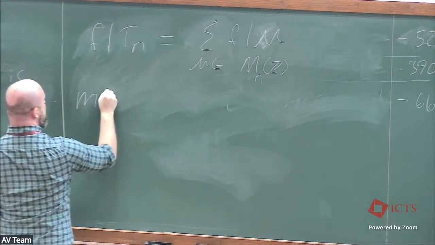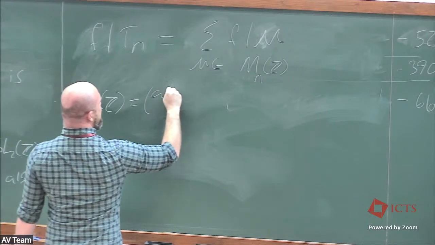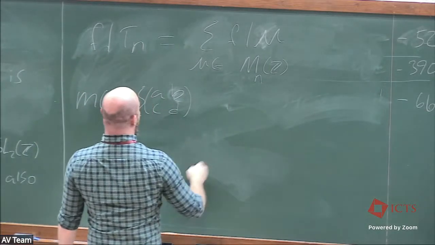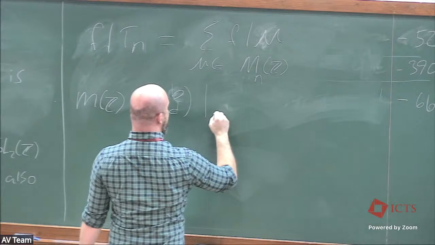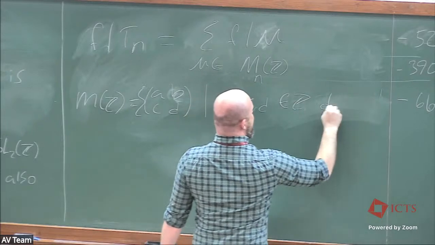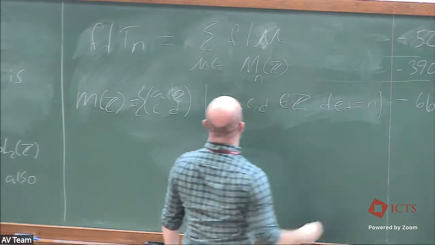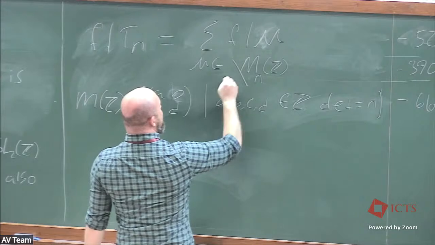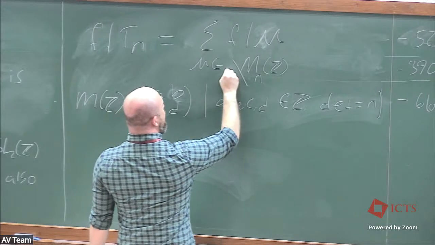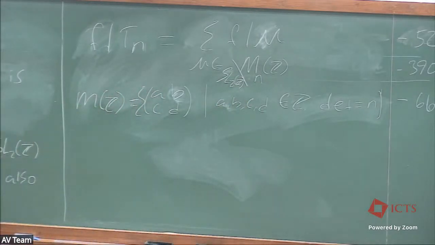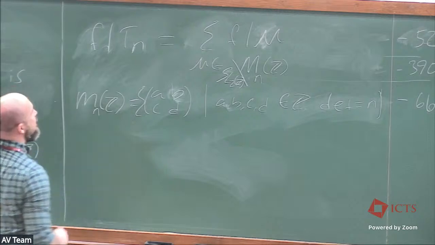So Mn is going to equal our set of 2x2 integer matrices A, B, C, D, with A, B, C, D integers, and determinant equal to n. But I can't act by everything, of course. I'm going to mod out on the left by the action of SL2Z. There we go, that's better. So I'm looking at these cosets.